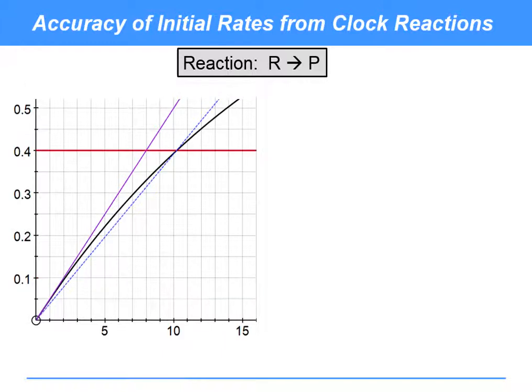In contrast, if I'm looking at a critical concentration of 0.4, so before I see anything, I have to have had 0.4 mole per decimeter cube product in the solution, then in that case, the approximate slope, the blue one, is well off what the true initial slope actually is. So here you get a much bigger error.